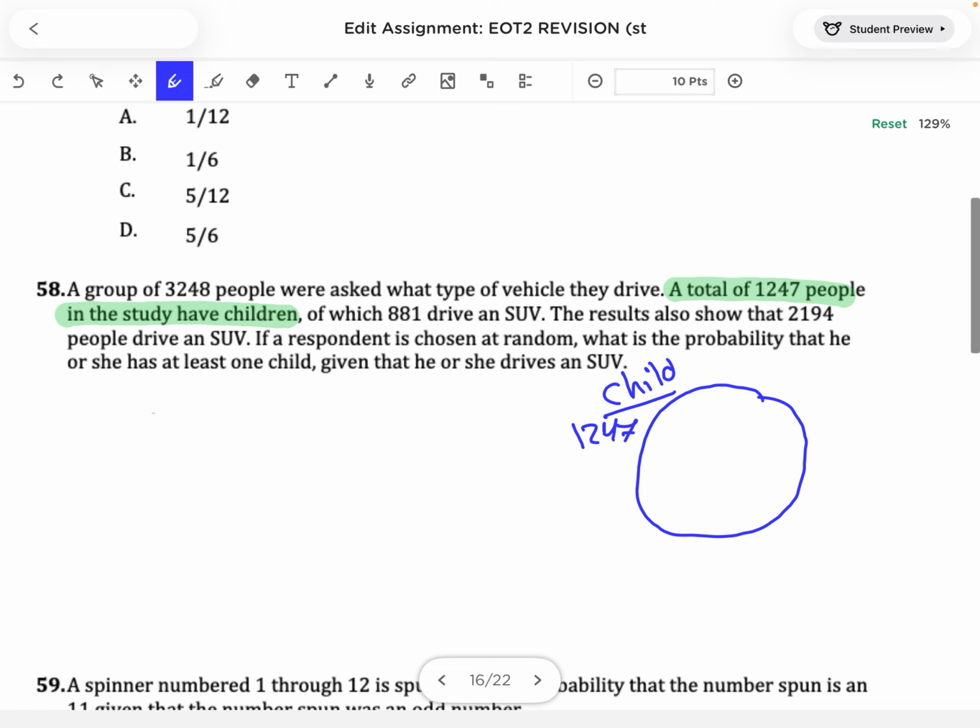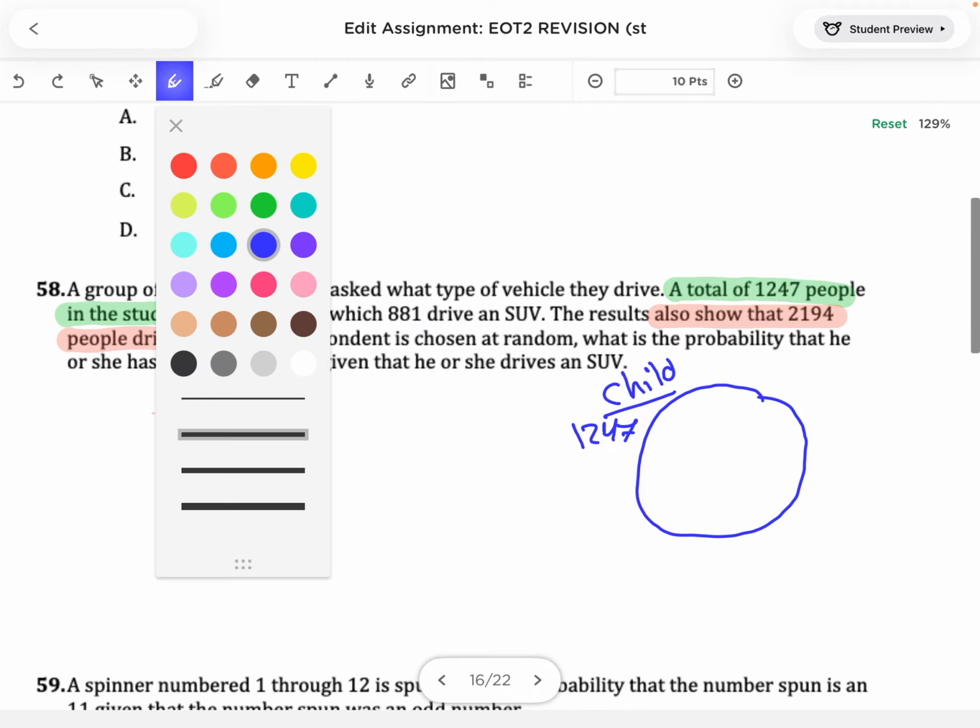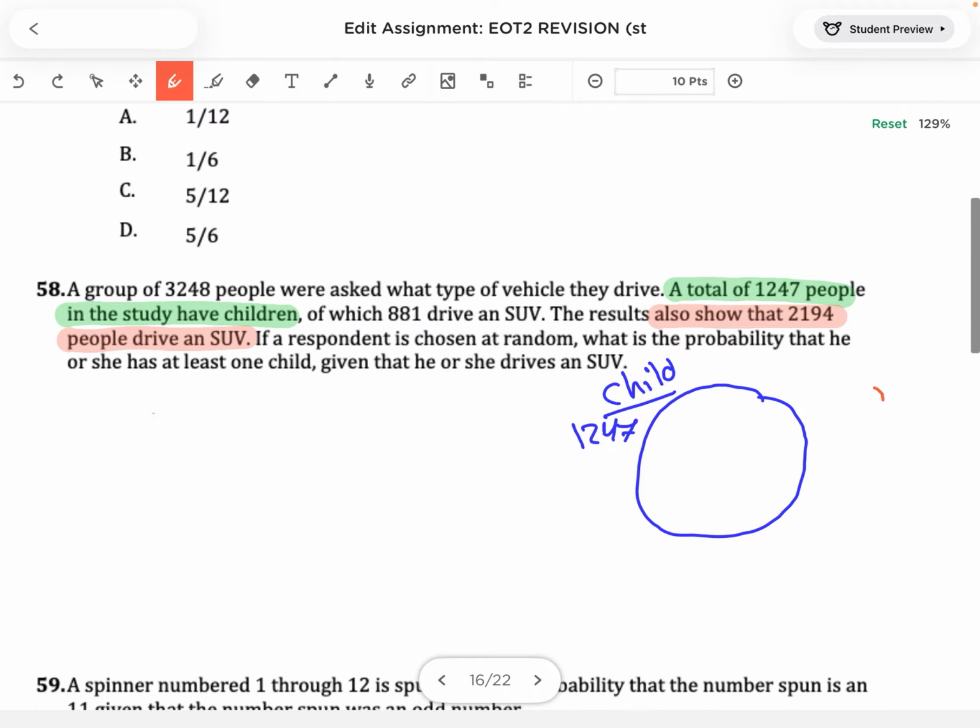Of which 881 drive an SUV. The result shows that 2,100 drive an SUV. So the second circle will be the people who drive an SUV. How many are they? 2,194. Okay, the intersection is 881.